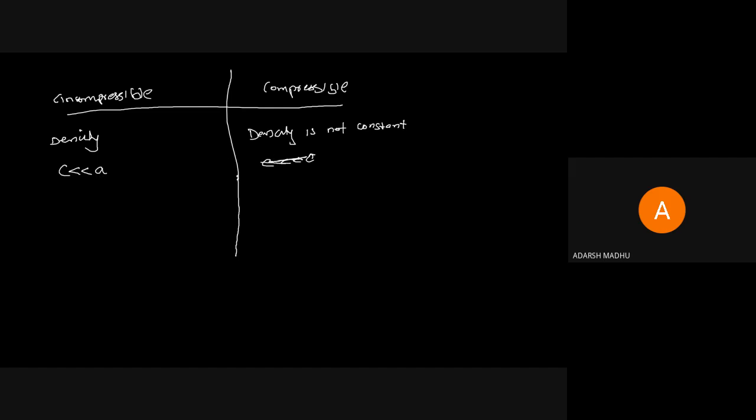But in compressible flow, it is not that much lesser. It can be lesser, it can be higher, it can be equal. But in incompressible flow, the fluid velocity is very much smaller compared to sound velocity.